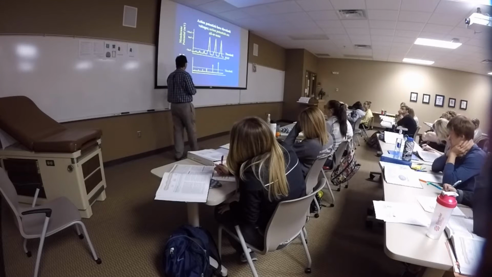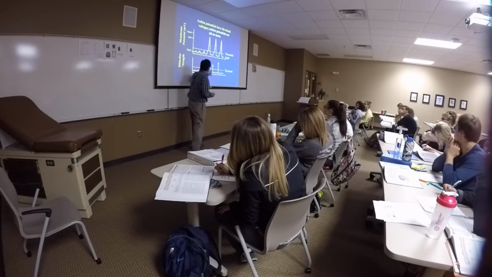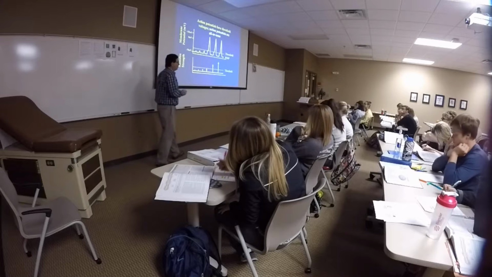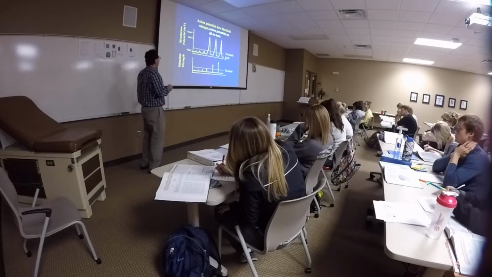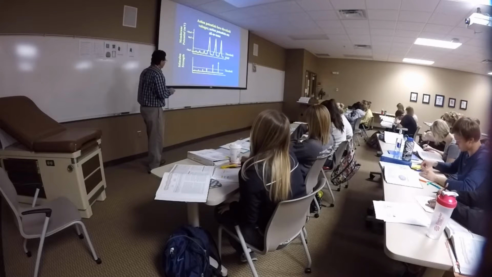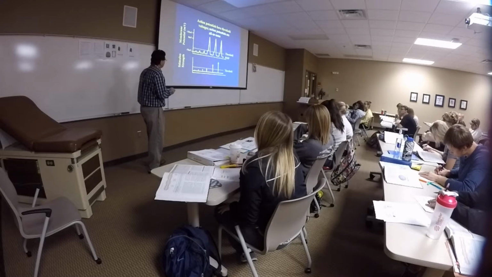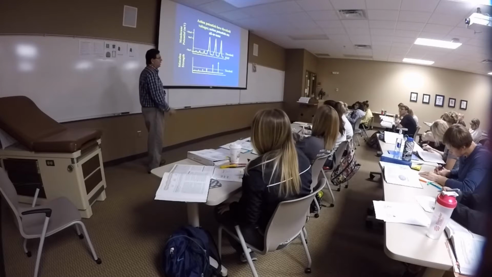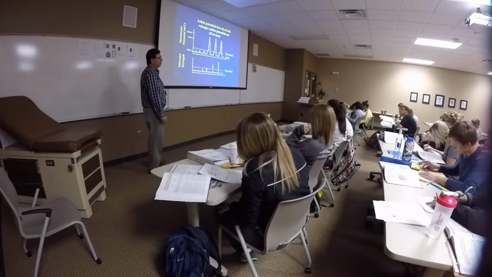So that's threshold. The other thing is these action potentials are all or none. Even if we give a suprathreshold stimulation, the amplitude of the action potential is still the same height.